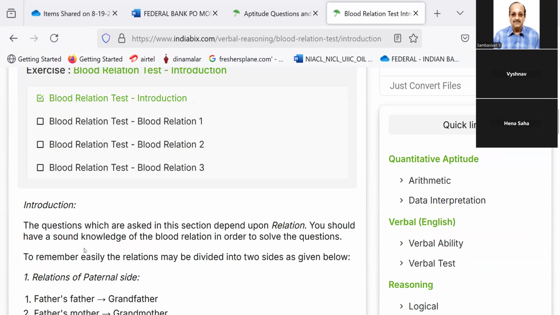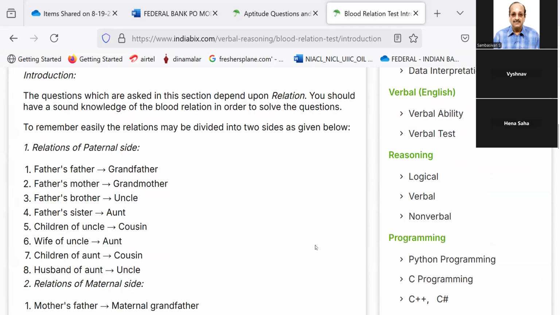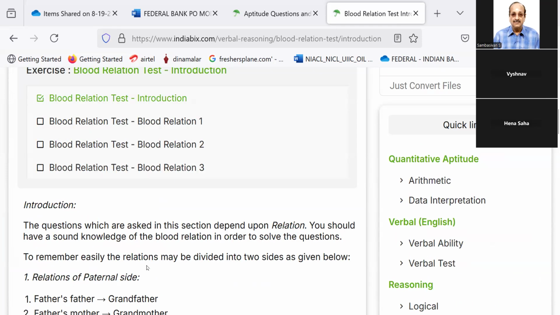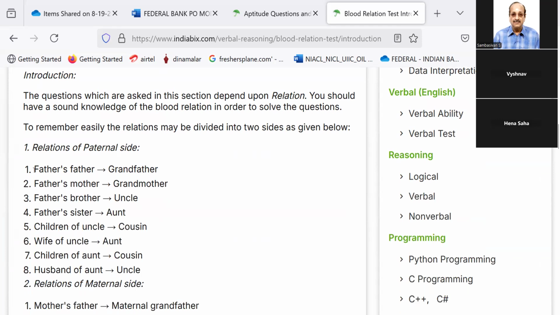You should have a sound knowledge of the blood relation in order to solve the questions. To remember easily, the relation may be divided into 2 sides as given below. Relation of paternal side. Paternal means father side.